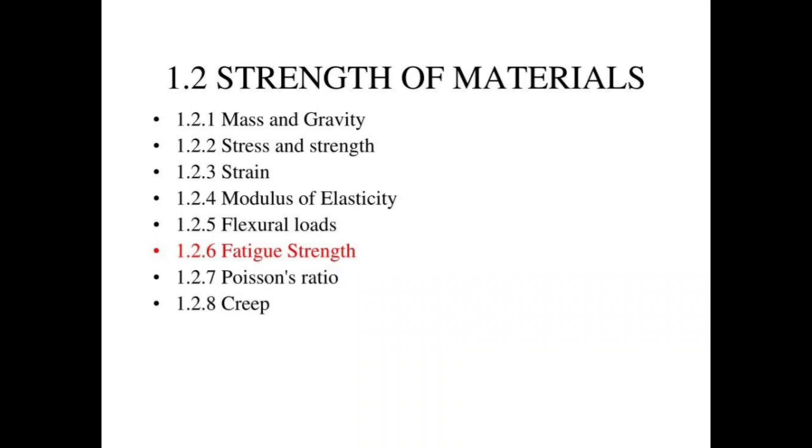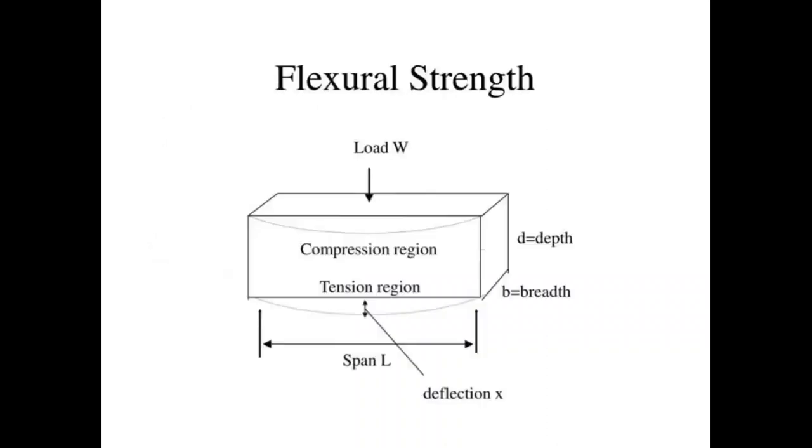After that, we have to look at flexural stress. What is flexural stress? It is deflection, the change from the normal position to a changed position. Let us take an example: a rectangular object having a length, breadth and depth.